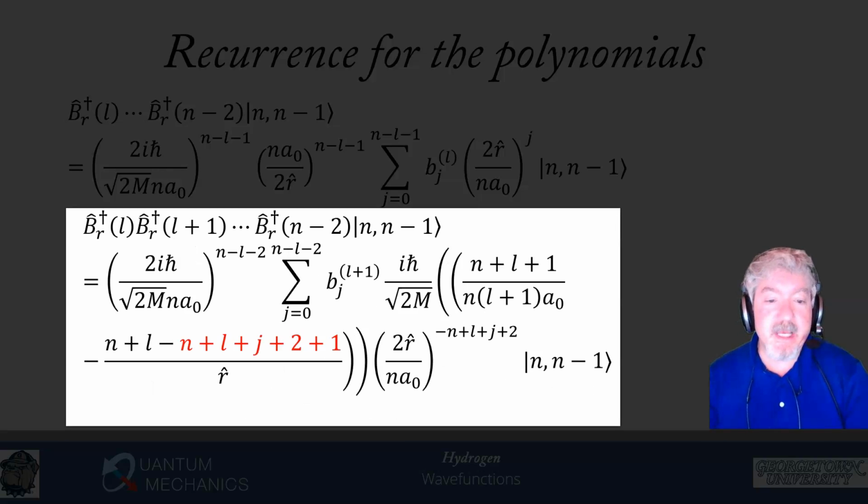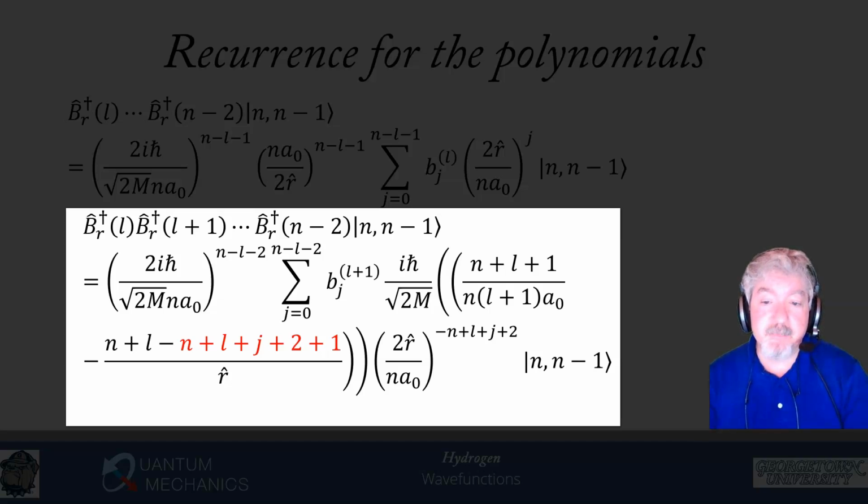So when we put that together, the term in red, that's the term that came from the commutator. The other terms are the terms that came from the substitution of PR using the subsidiary condition, where PR acting on the state n minus 1 was equal to 1 over n a0 minus 1 over minus n over r hat, the whole thing multiplied by i h bar.